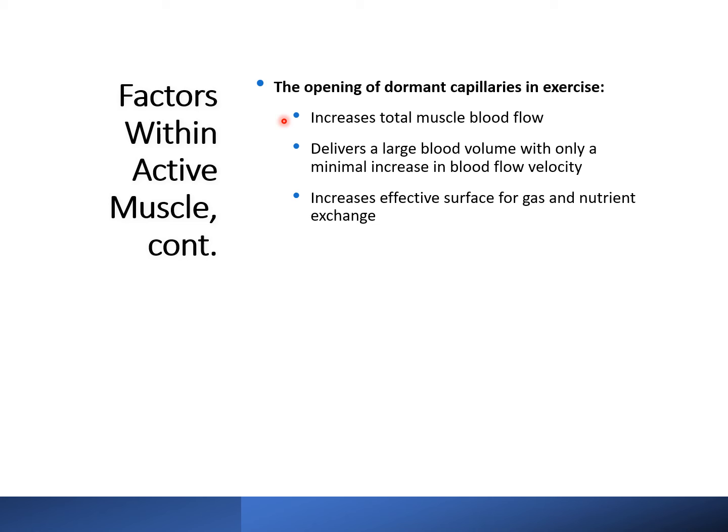We open those precapillary sphincters, you get that blood flow coming through all of the capillaries, and that drives more blood flow into the muscle. It's also going to deliver a large blood volume with only a minimal increase in blood flow velocity. So you're not going to get this massive increase in speed of the blood flow because it's starting to give that flow a bunch of different areas to go into. It's like having a bunch of different little creeks that blood can pass into. So you're not getting this huge flow through just one single vessel.